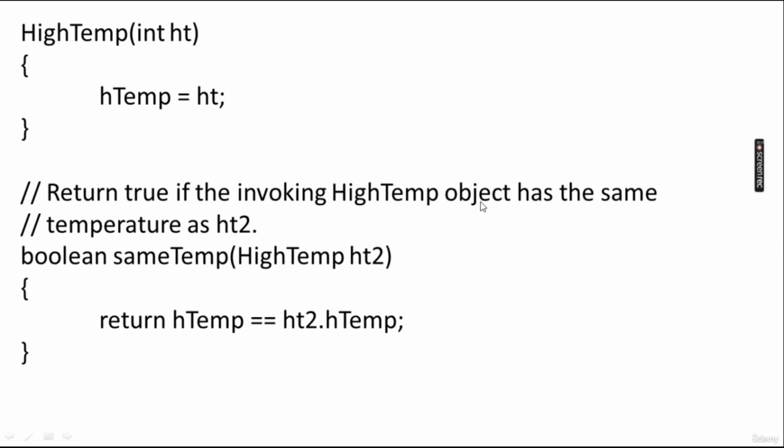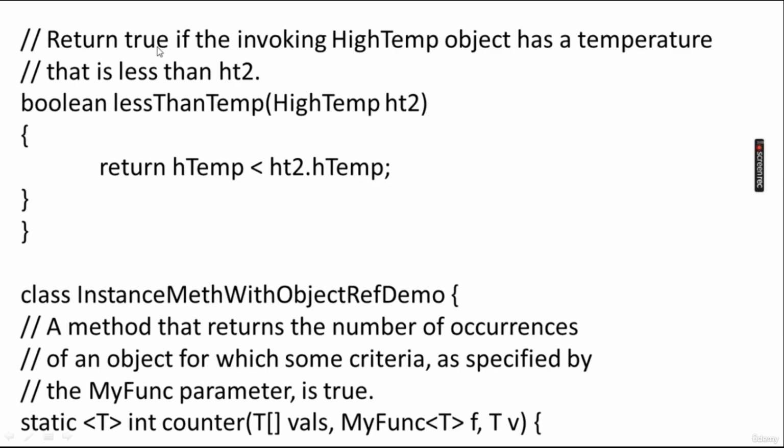It returns true if the invoking HighTemp object has the same temperature as ht2. If the htemp initialized while creating the object of the HighTemp class is equal to the passed temperature, then it will return true as a result. lessThanTemp returns true if the invoking object has a temperature that is less than ht2: boolean lessThanTemp(HighTemp ht2), return htemp < ht2.htemp.